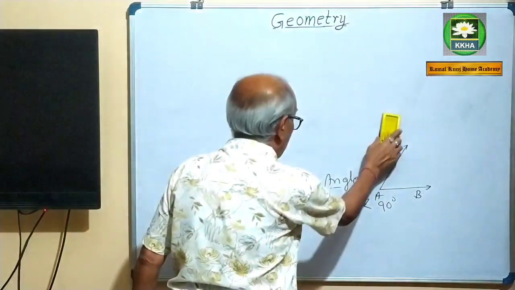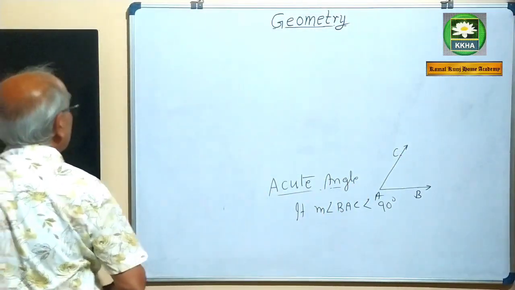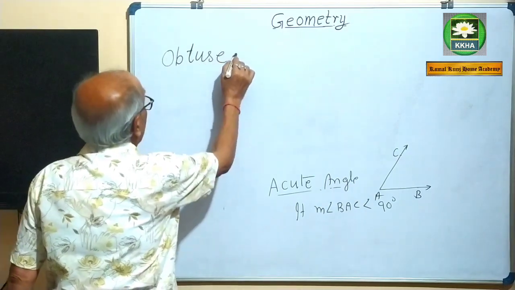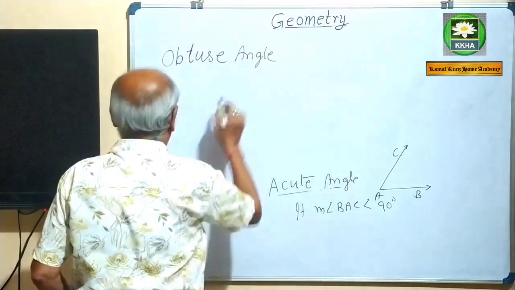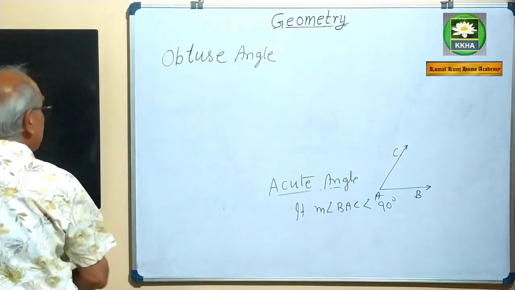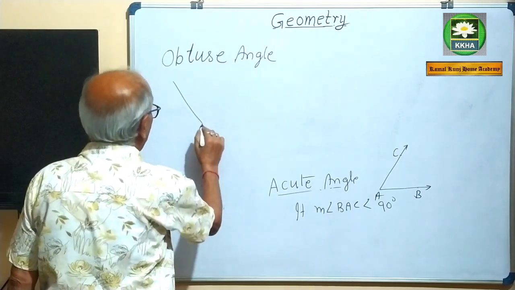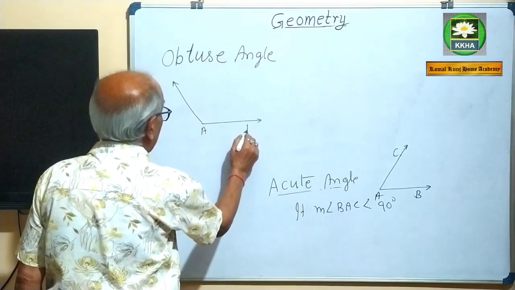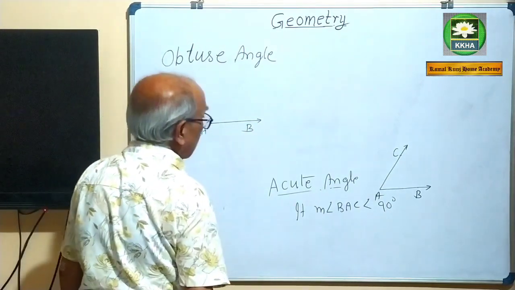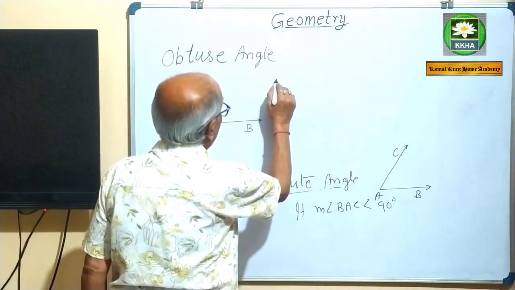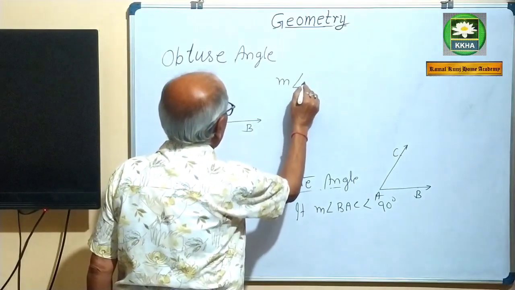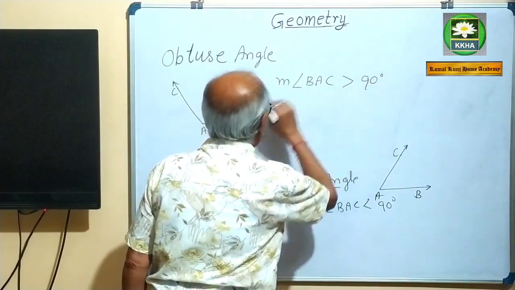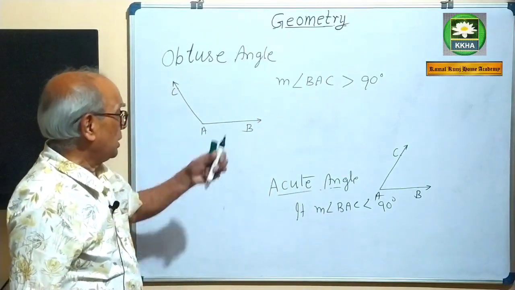What is an obtuse angle? If the measure of angle BAC is more than 90 degrees, it is called an obtuse angle.